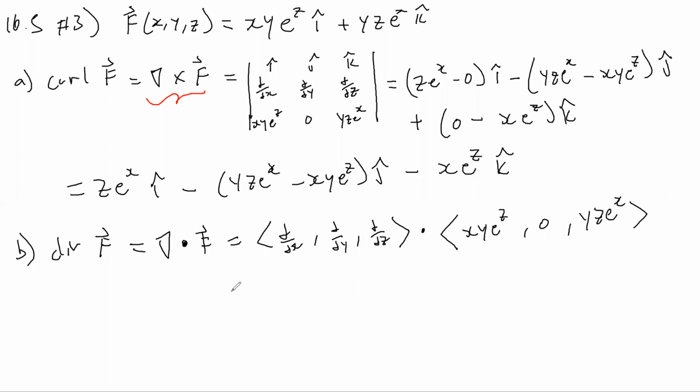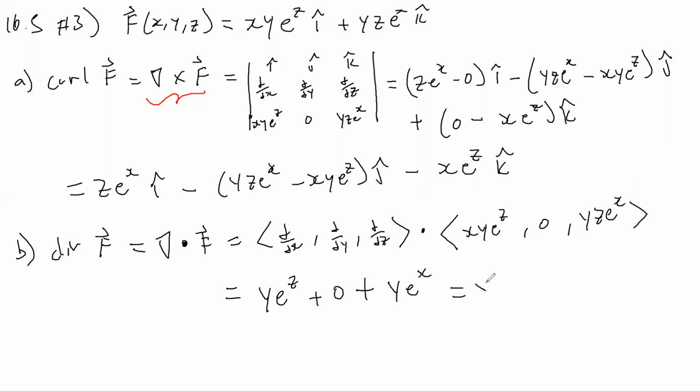Remember, the dot product will yield a scalar instead of a vector. So we basically take the partial derivatives. That's y e to the z plus 0 plus y e to the x.